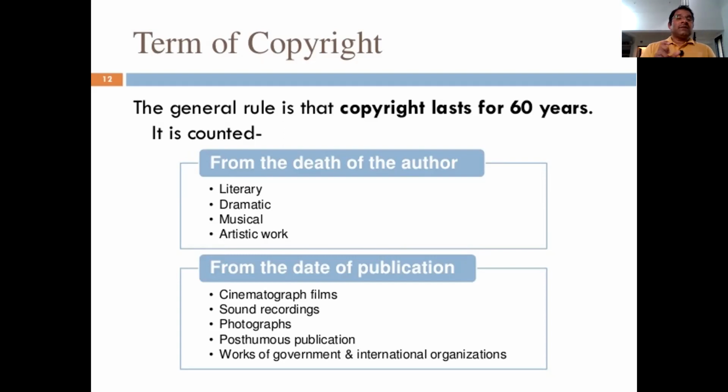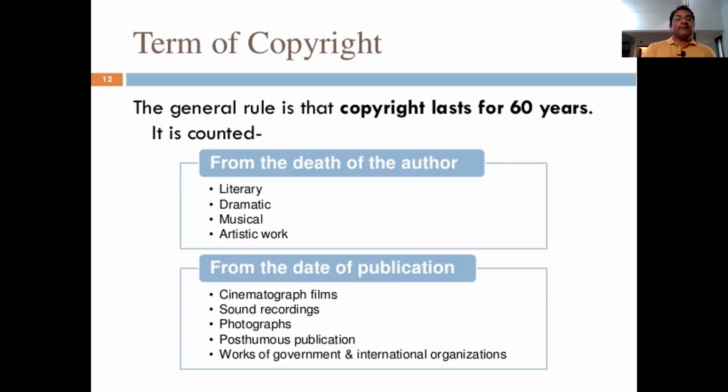So from the death of the author, if it is a literary work, for example, a book. If I write a book now, my rights are protected as long as I'm alive. After my death, for 60 years, nobody will be allowed to copy my book and claim it as his work or her work.